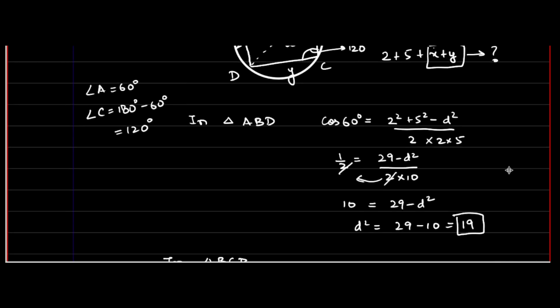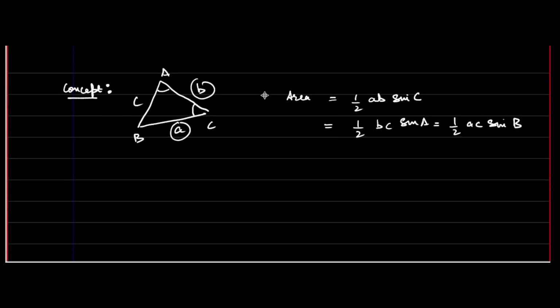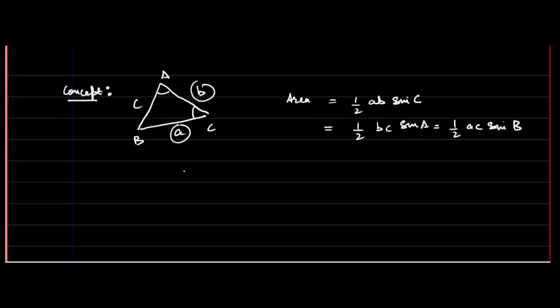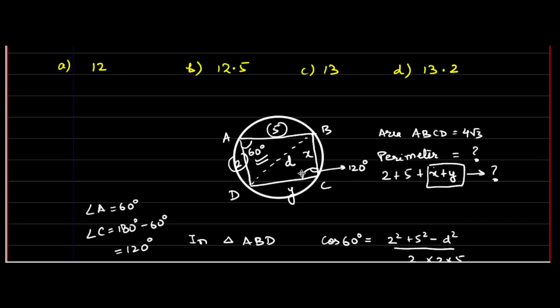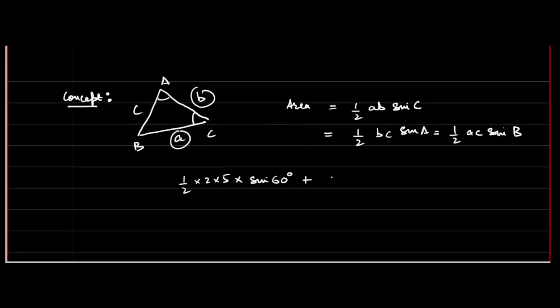So for the area of ABD, we know 2 and 5 and the angle between them is 60 degrees. So the first area is half into 2 into 5 into sin 60 degrees plus the area of the second triangle, BCD, which is half xy into sin 120.